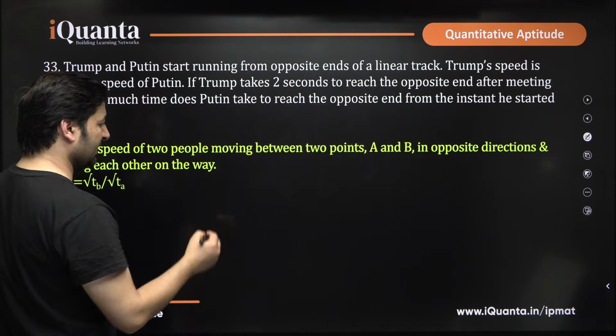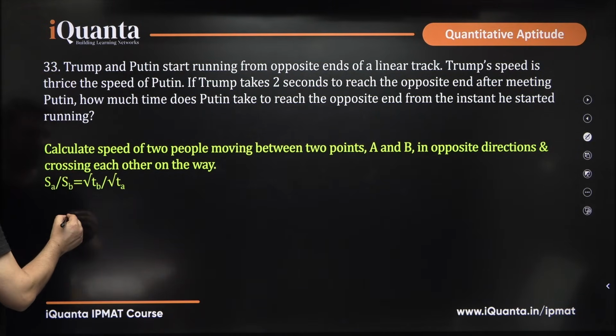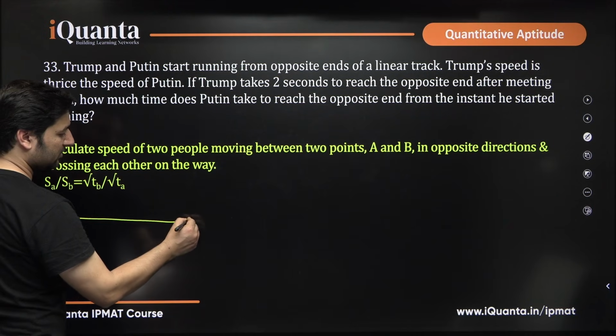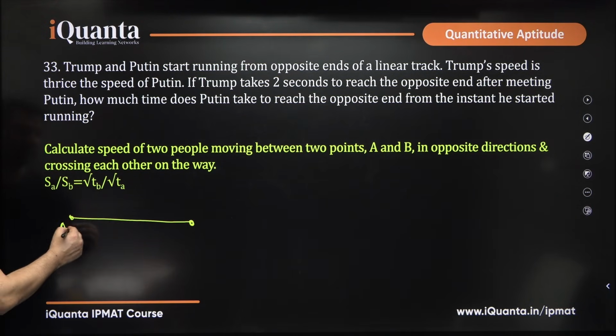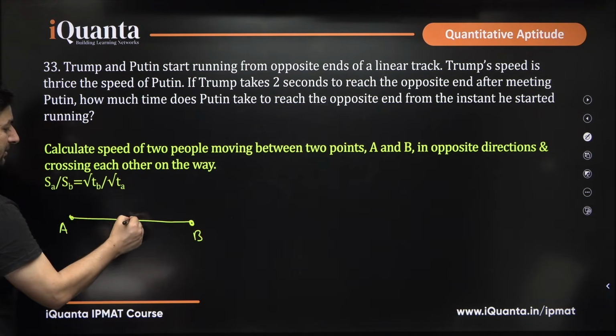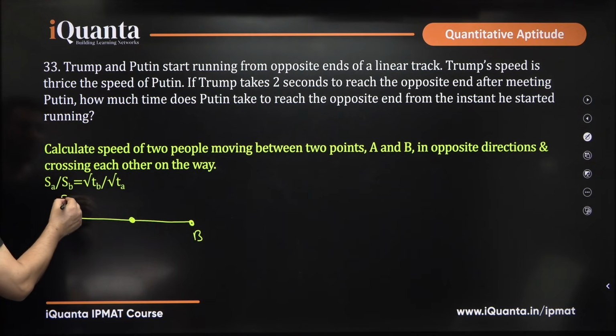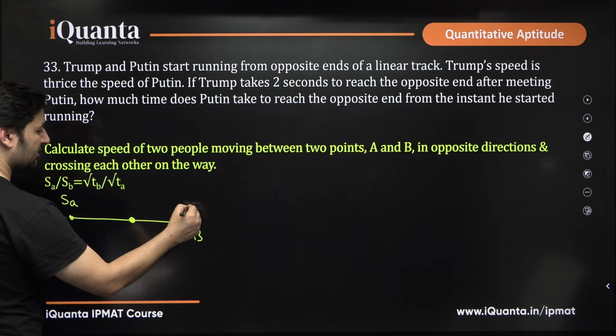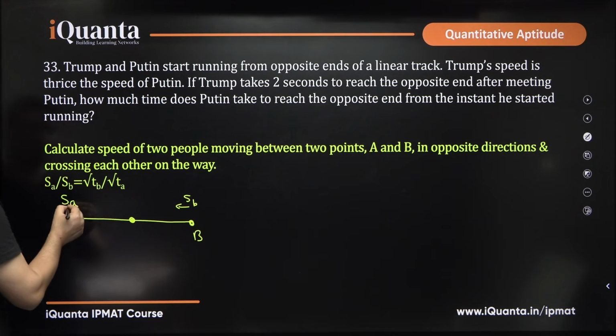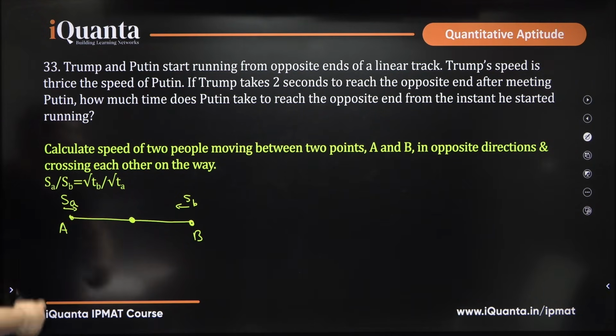If I take the derivation of this, say this is the track, here is A, here is B, here is the meeting point. A is running at speed SA, B is running at speed SB, A is going in this direction, B is coming in this direction.